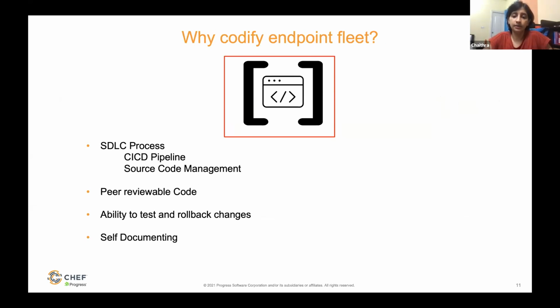All the configurations that you specify as code are pushed to a source code management repository like GitHub, and then from there a CI/CD pipeline is triggered. Every configuration that you specify as code is peer reviewed by your team, so you can make sure that every change is well vetted and tested before it is deployed onto production. And then there is also the ability to roll back changes.